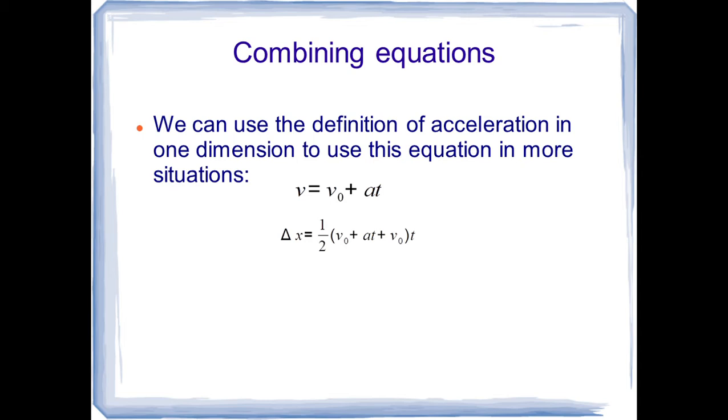We can group those together, and you get that our displacement we can write as v0 times t plus 1/2 at squared. So I haven't really done anything different. It's just another way of explaining the motion based on the acceleration, given different variables. So this will be our third equation of motion.